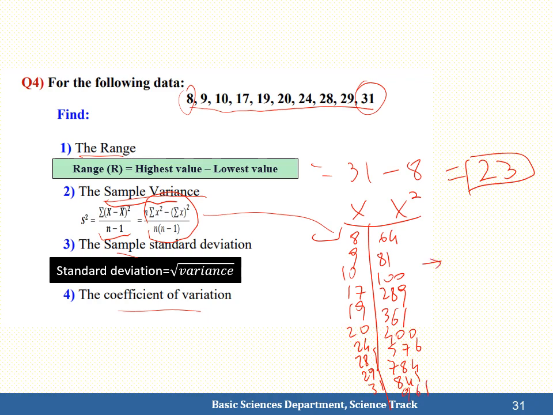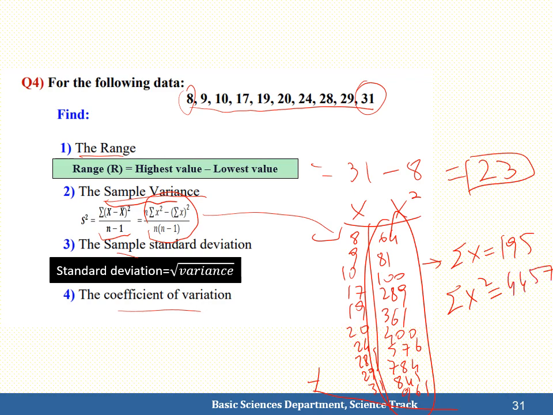So we add all of them and we get the sum. The sum of the x values is 195. The sum of x squared, so this makes this column here, is 4,457. You can check with your calculator.